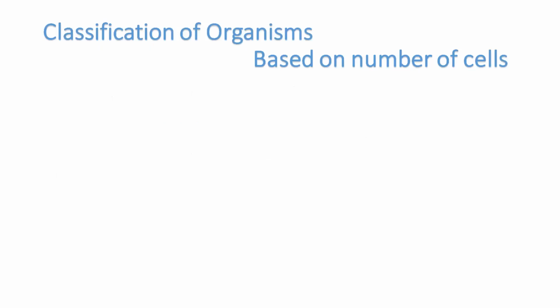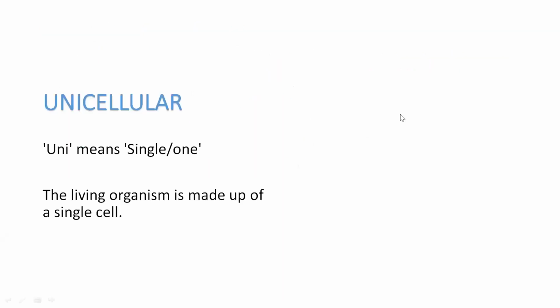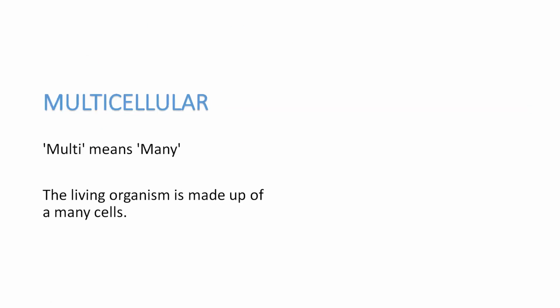If we look at the classification of organisms based on number of cells, we have unicellular organisms and multicellular organisms, right? Unicellular organisms are made up of a single cell and they can exist independently, and the single cell performs all the essential activities of life.